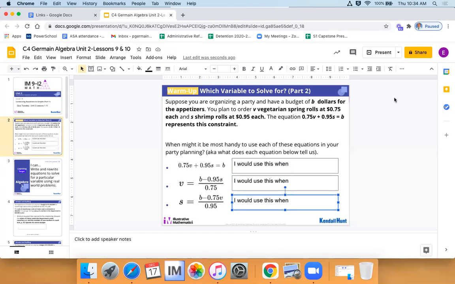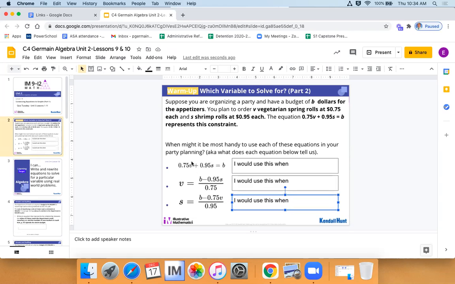Okay. Some of you let me know in the chat what you were thinking. Dylan said that for number 1, he would use this one when we're trying to tell what the total budget is. Yes, Dylan, very good.